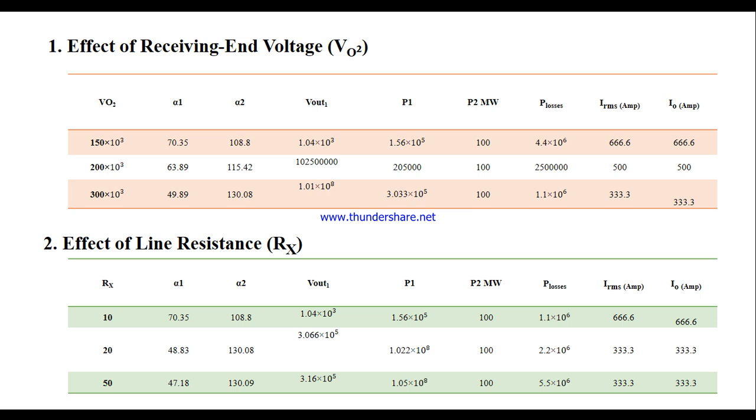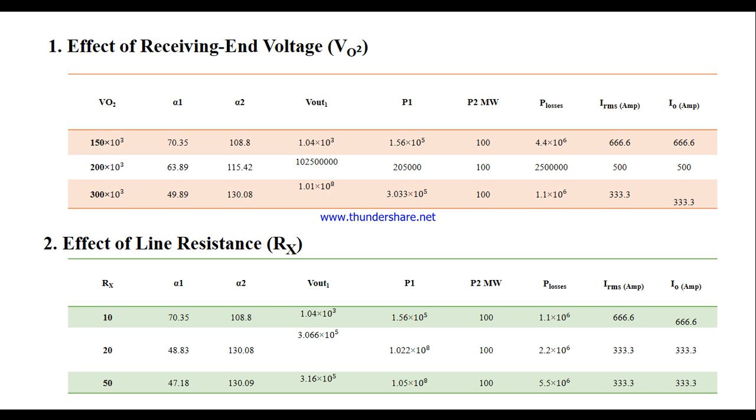In the case of the effect of receiving end voltage, Rx was fixed at 10 ohm and V2 was increased from 150 kilovolt to 300 kilovolt, and alpha 1 decreases and alpha 2 increases.